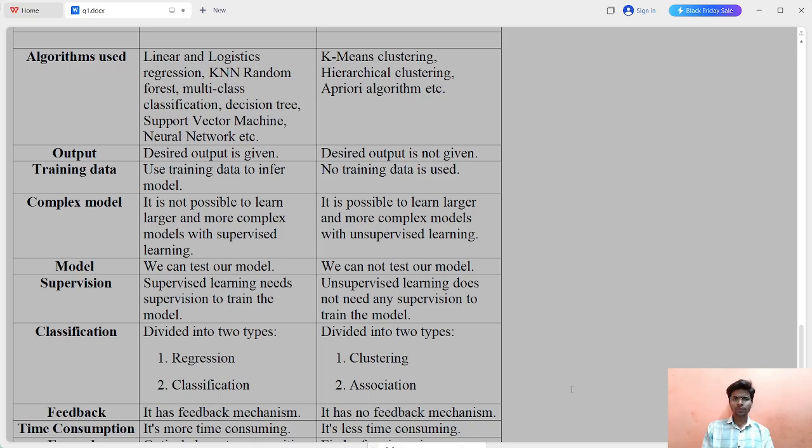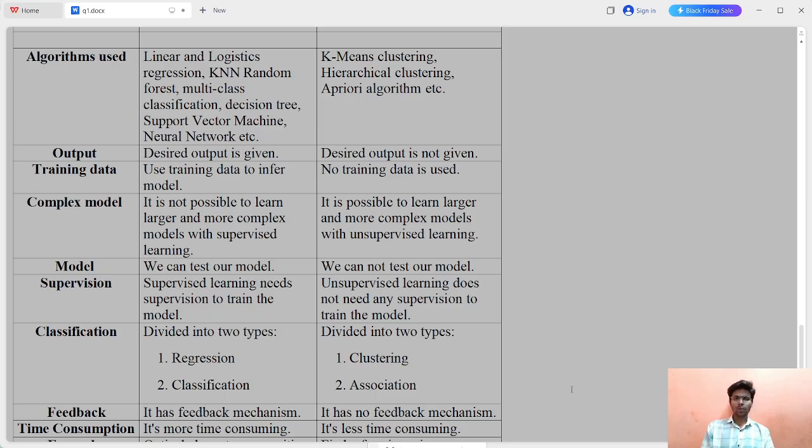Algorithms used in both. Supervised ML uses linear and logistic regression, KNN, random forest, multi-class classification, decision tree, support vector machine, and neural network, etc. But unsupervised ML uses K-means clustering, hierarchical clustering, and the Apriori algorithm. Output: in supervised ML, the desired output is given, but in unsupervised, the desired output may not be given.